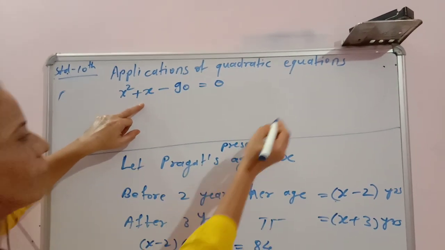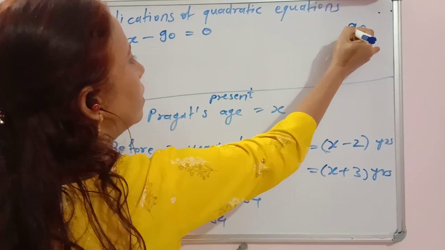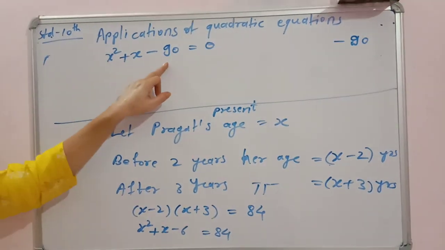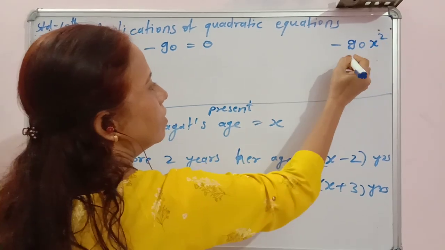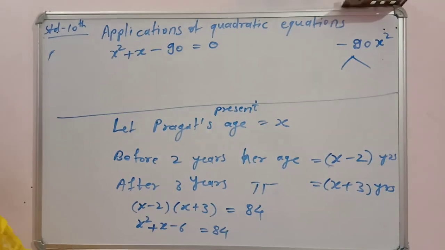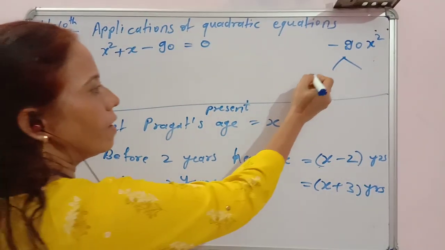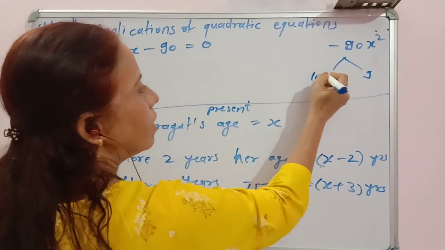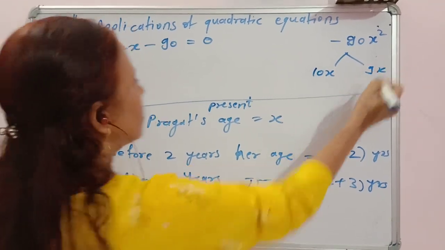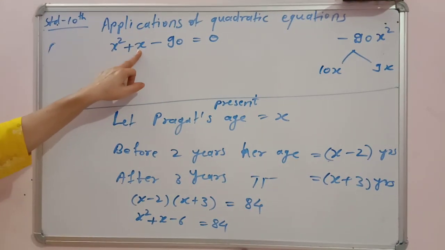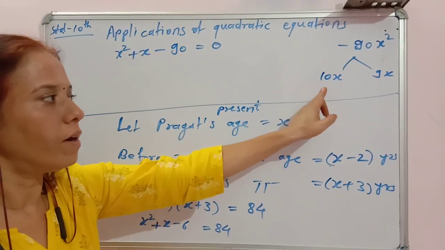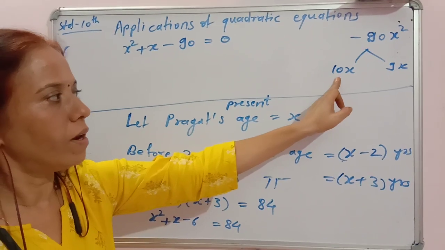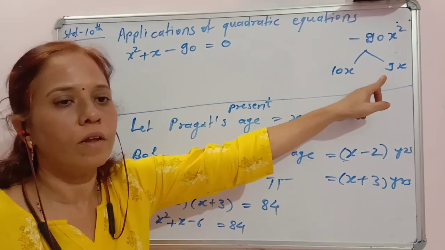The factors of minus 90 times x square: you can easily take 10 multiplied by 9, 10x, 9x. Now the middle term is positive and the product is negative. When the product is negative, one factor will be positive and another will be negative.